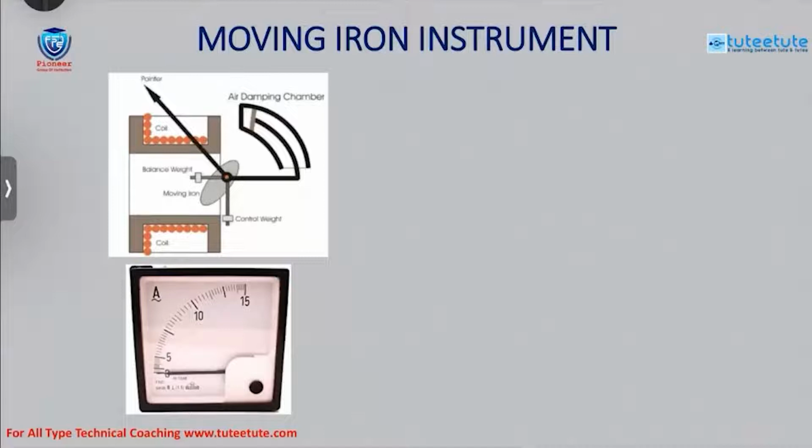First, see, there is a coil. By using the coil, we are going to develop the magnetic field. By winding a coil on the iron core, we develop the magnetic field and the flux is developed. Now, this is the small iron piece.